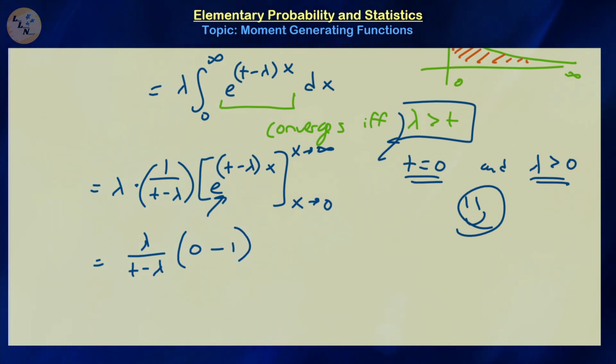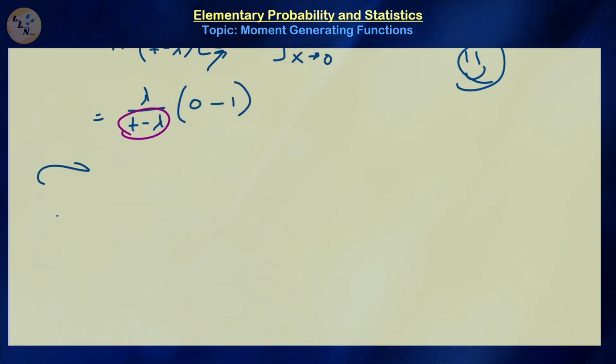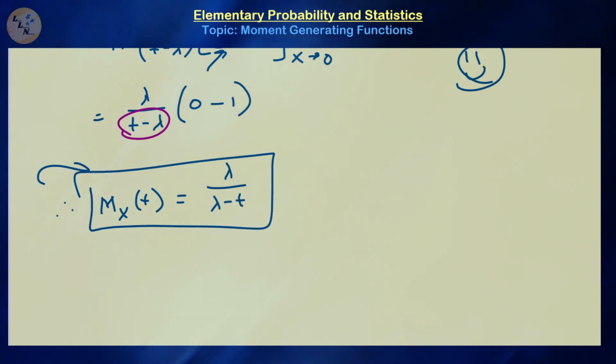So 0 minus 1 is equal to negative 1, and hence I can reverse my direction of subtraction in the denominator. Therefore, my moment generating function for an exponential random variable is going to be lambda all over lambda minus t.